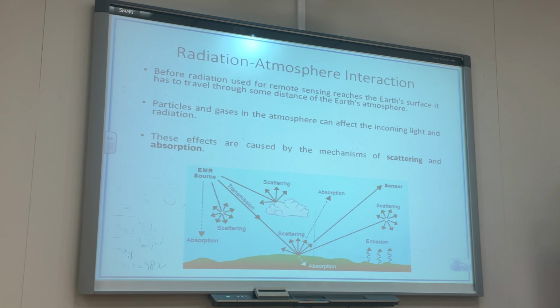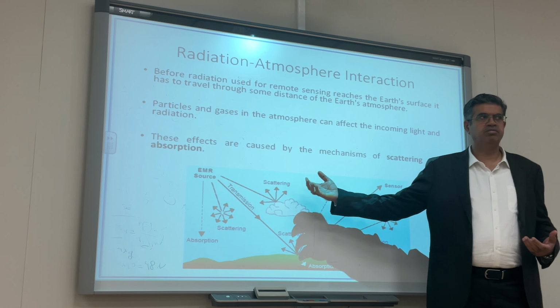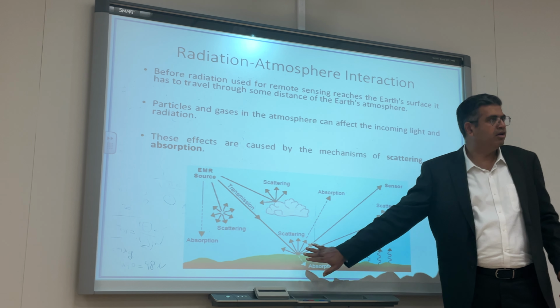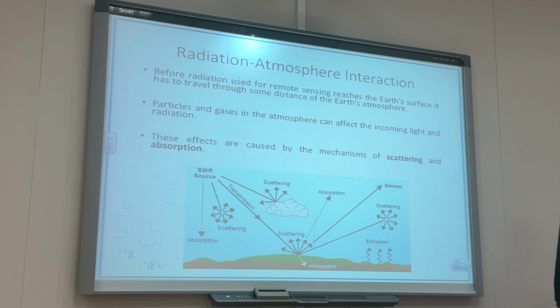The third thing is transmission. Some of the electromagnetic radiation which is not absorbed or scattered by the Earth's atmosphere can pass through and reach the surface of the Earth. So the three things happening are absorption, scattering and transmission.